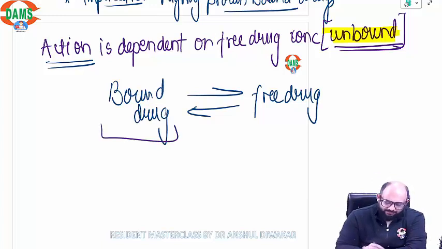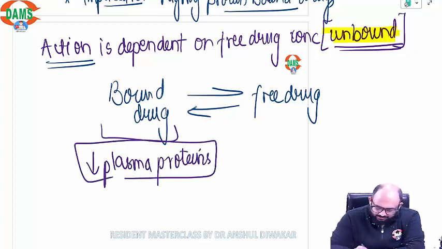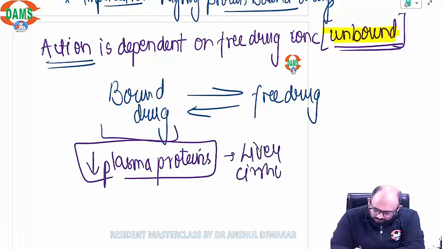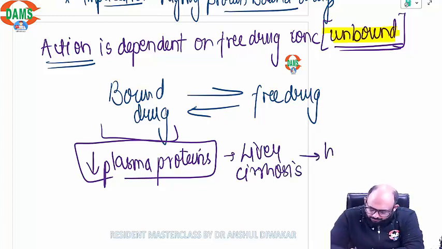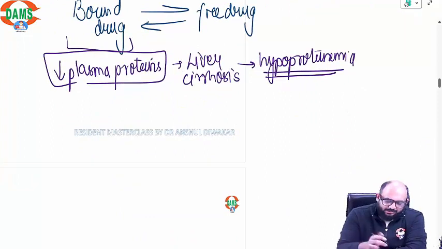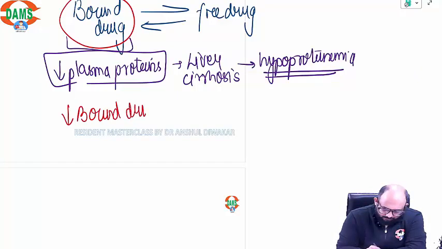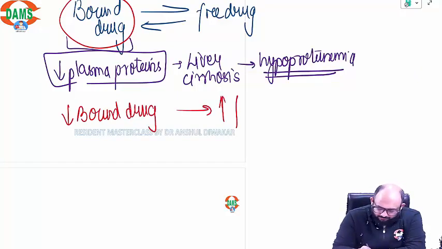Now imagine if there is a decrease in plasma proteins. Let's, for example, say a condition where there is liver cirrhosis leading to hypoproteinemia. Now what will happen? The bound fraction of the drug will decrease, which will lead to an increase in free drug.